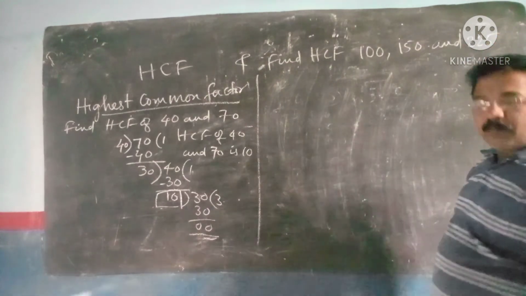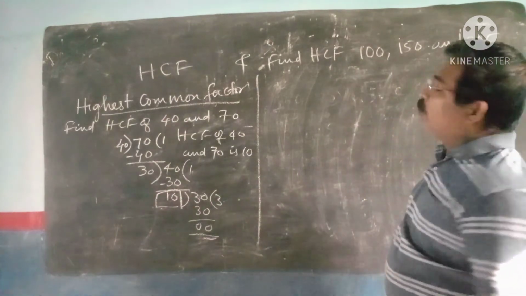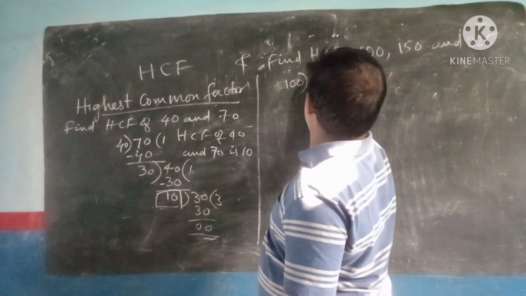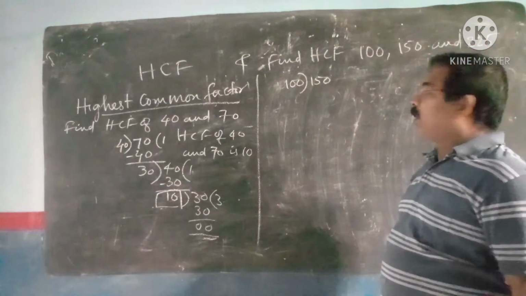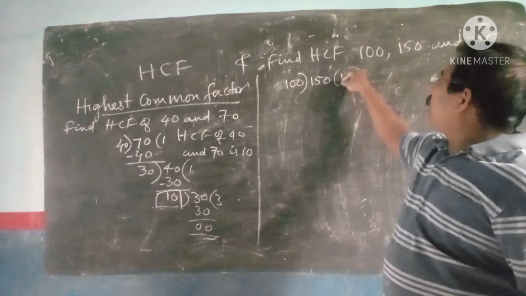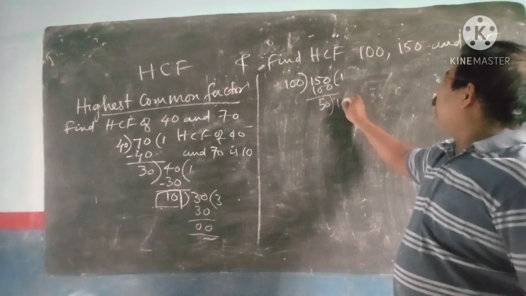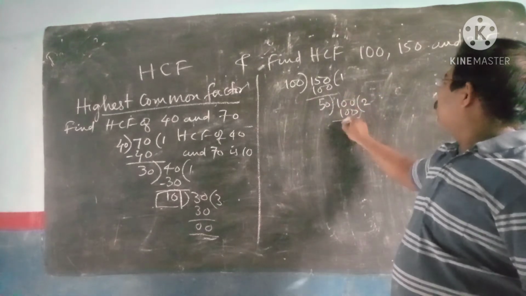You see, we find the HCF of these three numbers, starting with 100. For this, we start with the lowest number and the next number which is greater than the lowest. 1 time 100, remainder 50, again 100, 2 times 50.